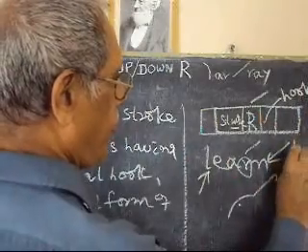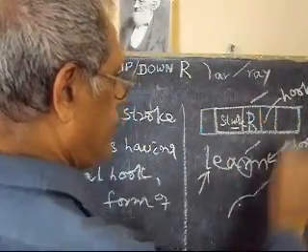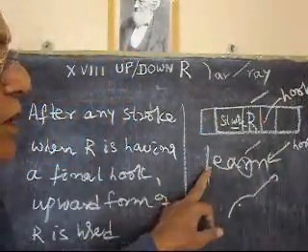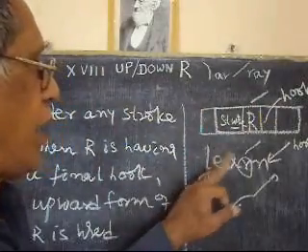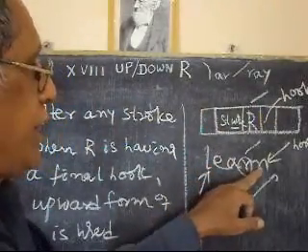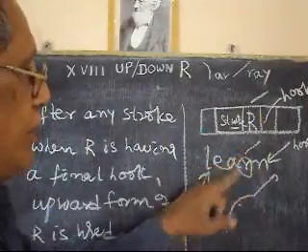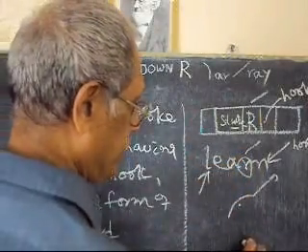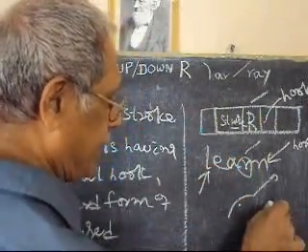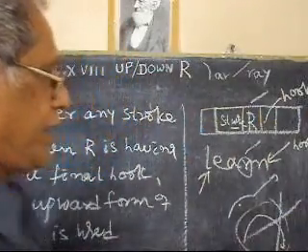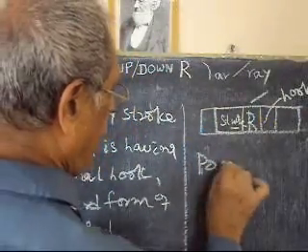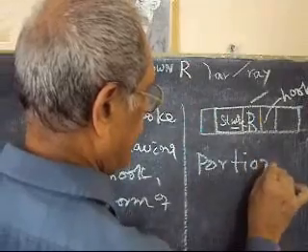Hook. One stroke is there. After that, R has come. It has got a hook. Therefore, you cannot write learn like that. Portion.